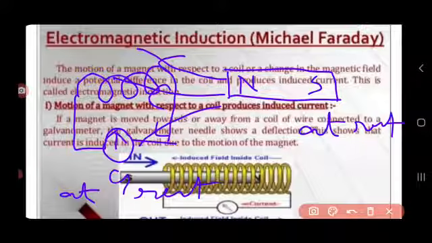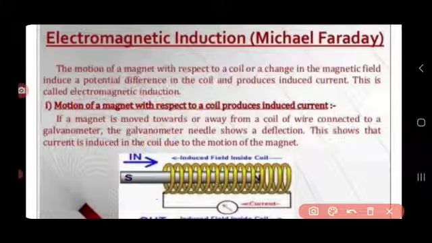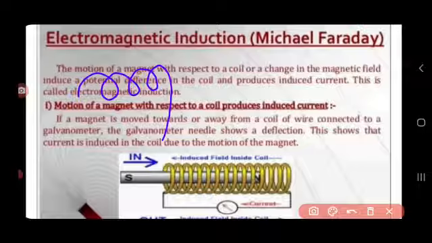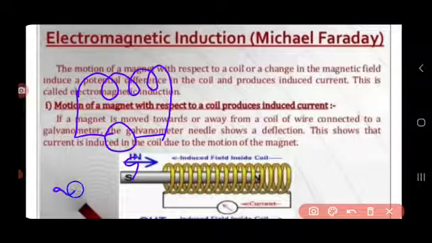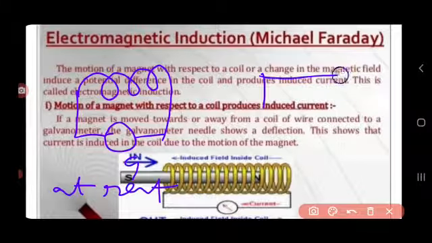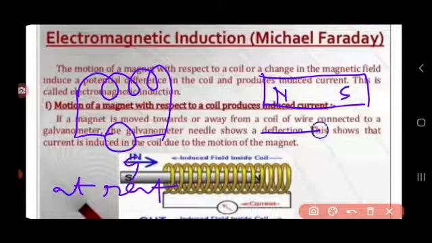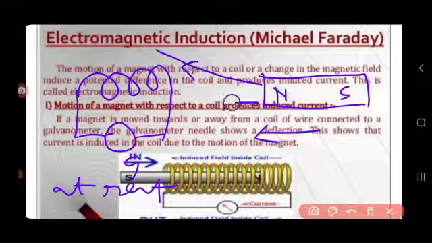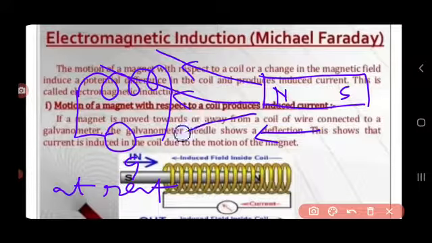The number of magnetic lines of force passing through the coil is increasing. That is, the change of magnetic lines of force through the coil is taking place. And when the number of magnetic lines of force passing through the coil is changed, then flux is changed, and when flux is changed, a current is induced in the coil, and the galvanometer shows sudden deflection.